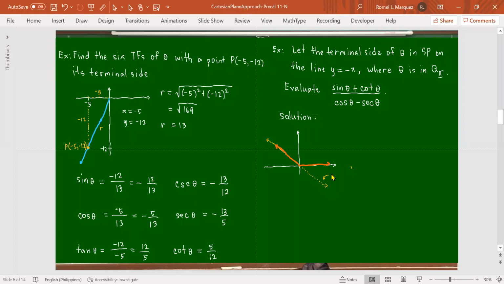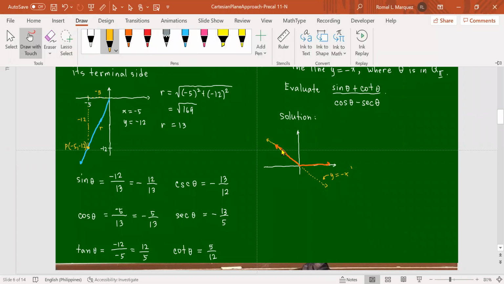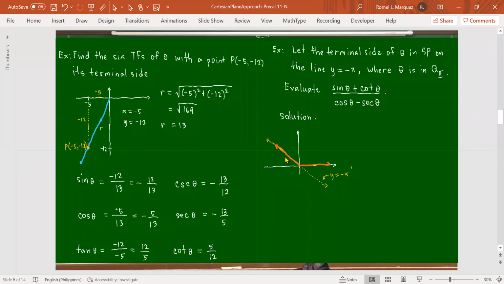That is the line y equals negative x. Is that correct, children? Yes, sir. I can take any point here. Let's say I take a point somewhere here.